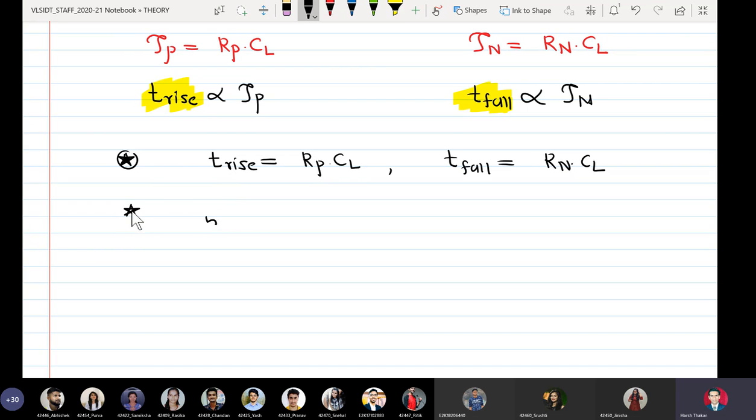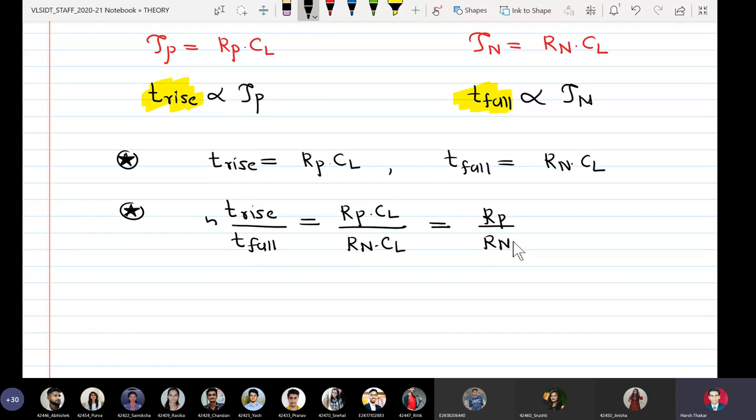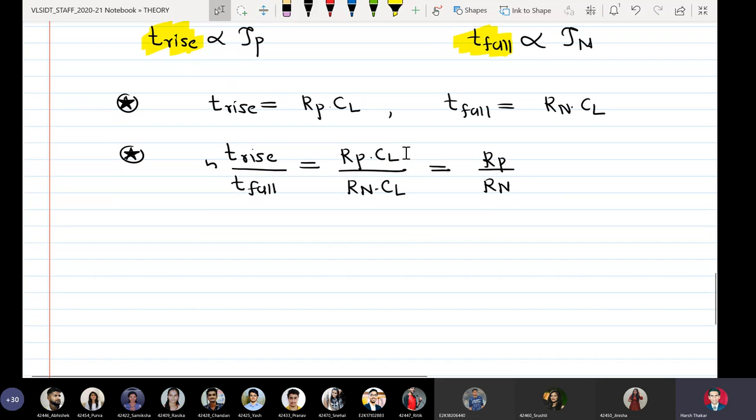So we can say T rise upon T fall is equal to RP CL upon RN CL, equal to RP upon RN. Is it not?